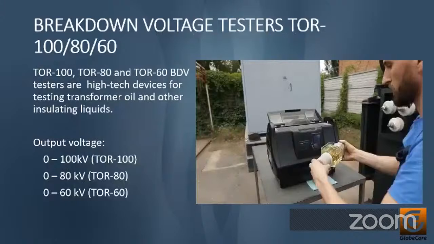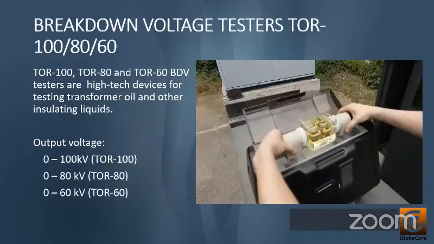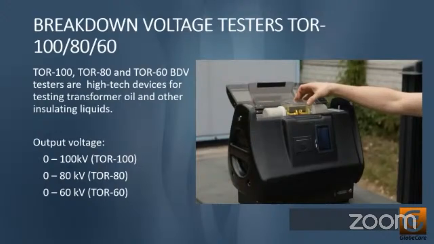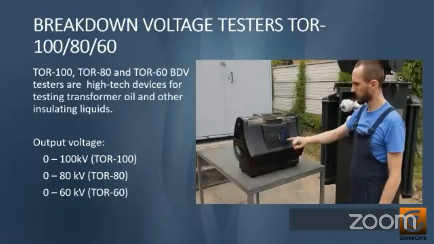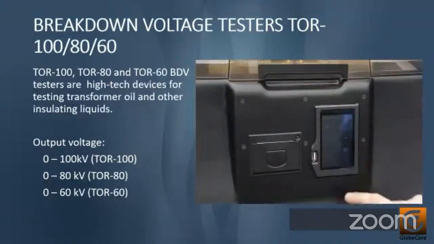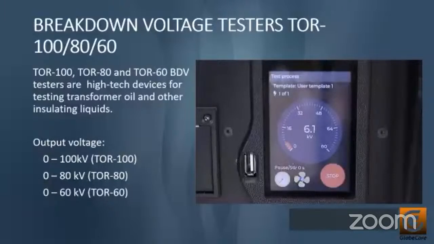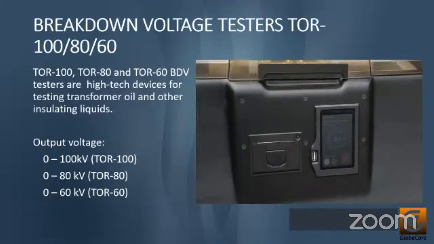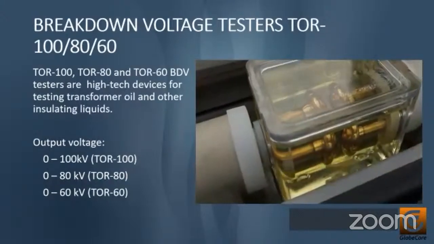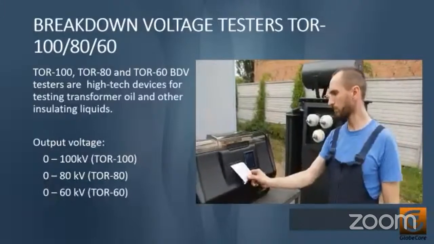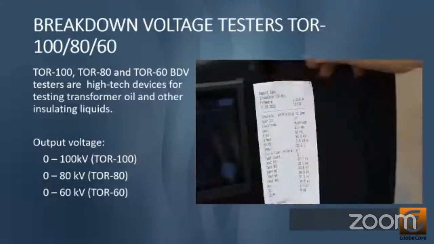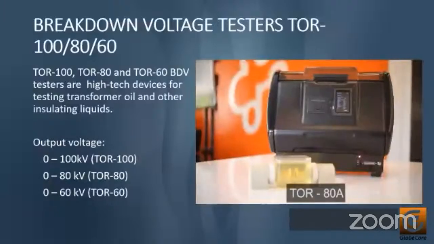the breakdown voltage tester TOR 100, TOR 80, and TOR 60. Those numbers are equal to the kilovolts you can reach with every single model of the TOR. It's really easy to work with this tester, because it has the different standards pre-programmed, and that means you have an easy way with a single button press.